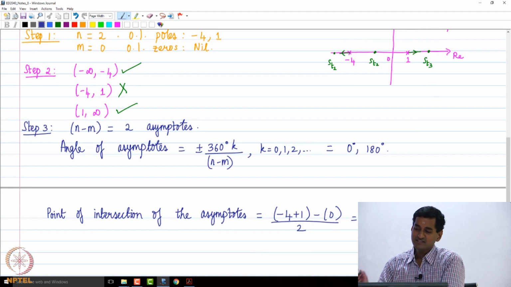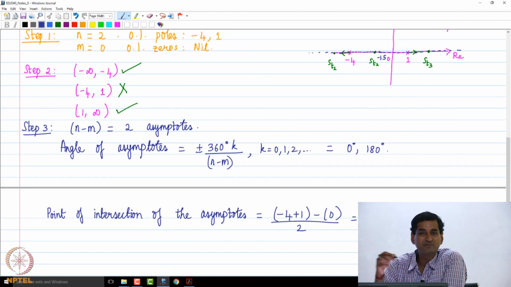So what this really means is the following. Let's say I have minus 1.5, the two asymptotes are just going to be along the real axis, one along the negative real axis, one going towards the positive real axis. Those are the two asymptotes.